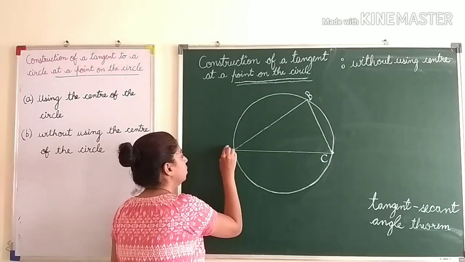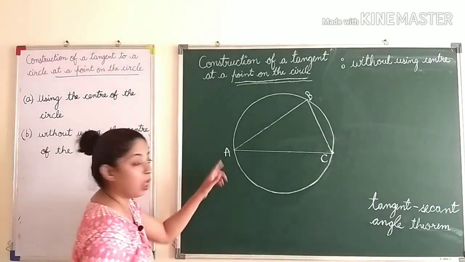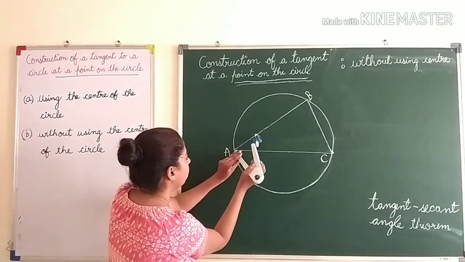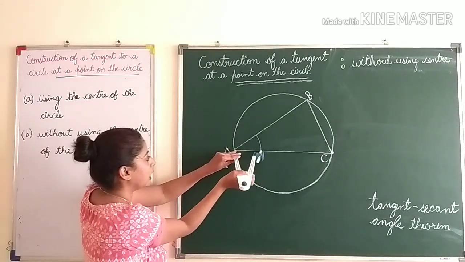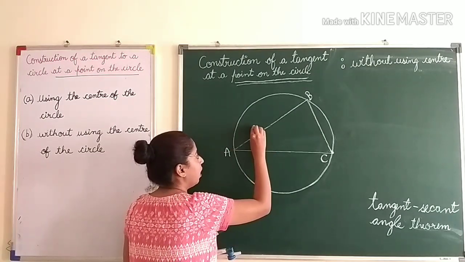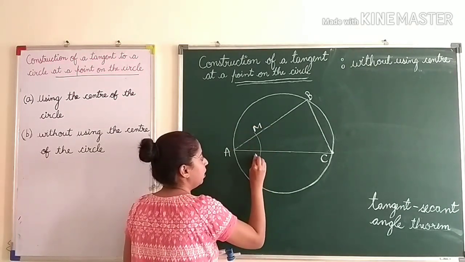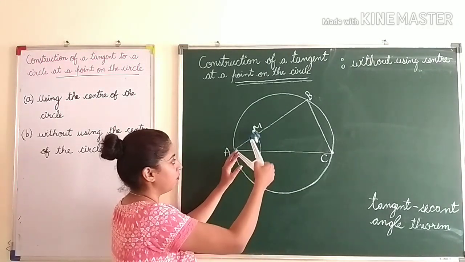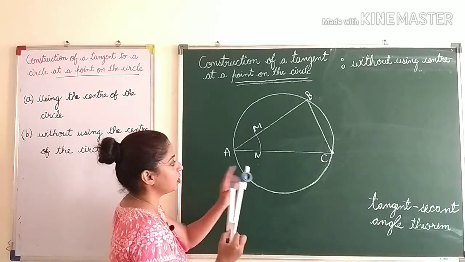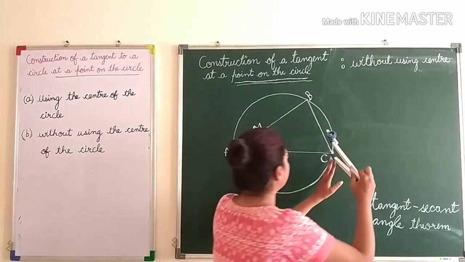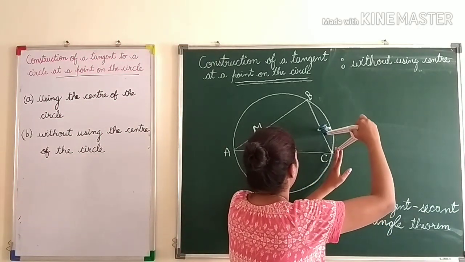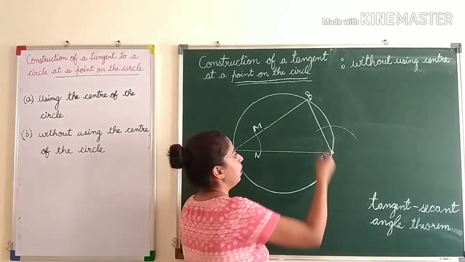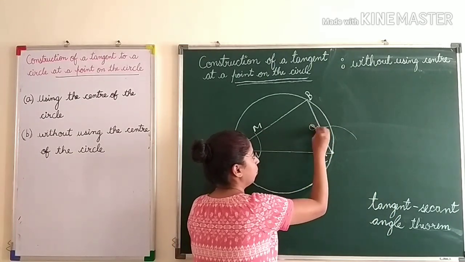So this is point A. Now at point A, you will make an angle. Make it cut at 2 different points, say M and N. Now with the same radius and center C, you will draw the arc cutting the chord BC at any point, say Q.